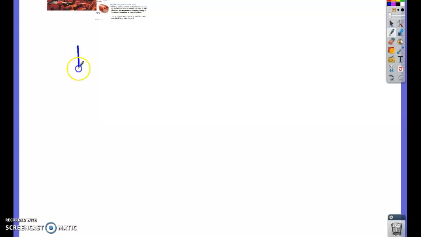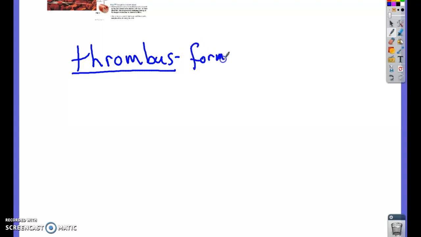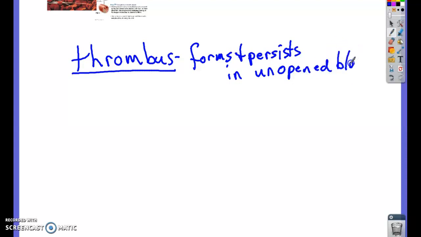Okay, so first of all, a thrombus. Let's talk about a thrombus. We already said the word thromb tells us this has something to do with a clot, and so basically this is a clot that forms and persists. In other words, it doesn't just go away. It persists in an unbroken blood vessel.